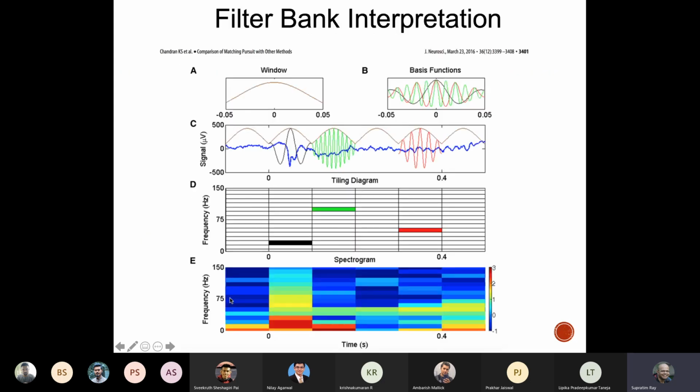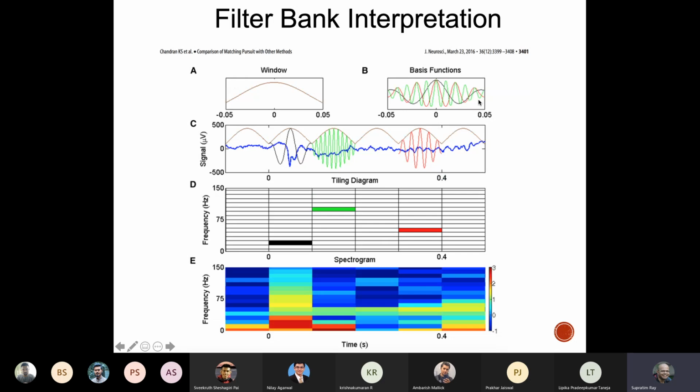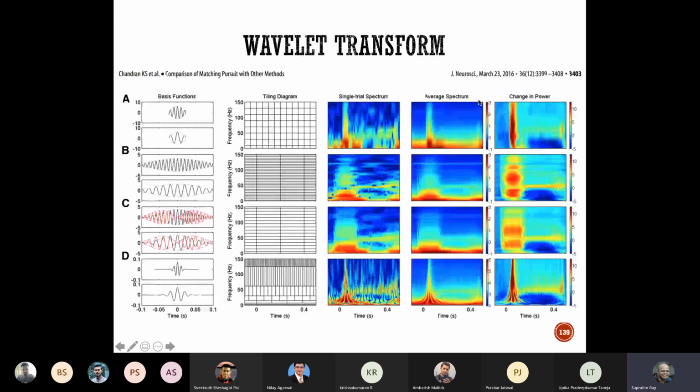It's the same thing as doing this thing. So essentially, you've got a filter bank or a set of basis functions sitting inside each tile, and you take an inner product with each of those basis functions to generate a representation that looks like this. Okay, and this is the wavelet transform, where you can see the transient as well as oscillation in the time frequency spectrum.